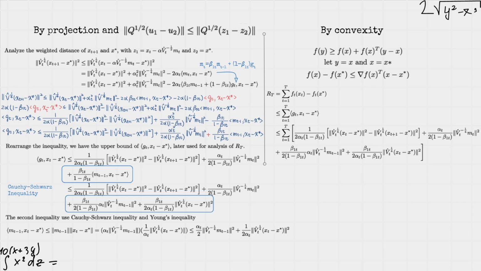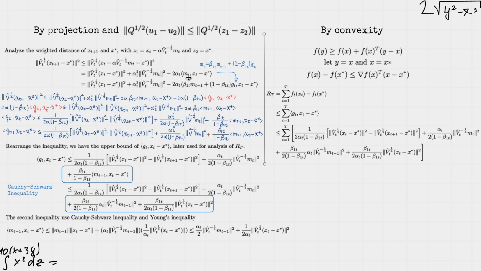By expanding the L2 norm, we obtain that the optimality gap induced by matrix V to the power of a quarter between xt plus 1 minus x star is no greater than the optimality gap induced by Vt to the power of a quarter times xt minus x star, plus alpha t squared times V to the power of negative a quarter times mt squared, minus the dot product between mt and the optimality gap times a coefficient of 2 times alpha t.